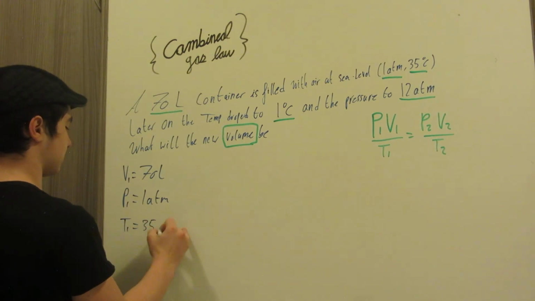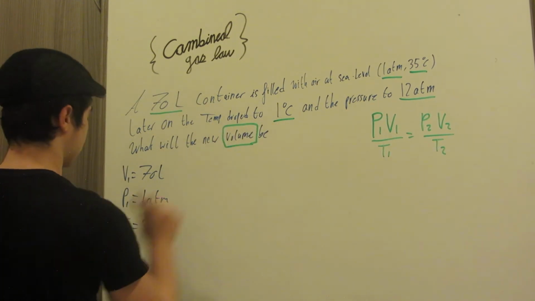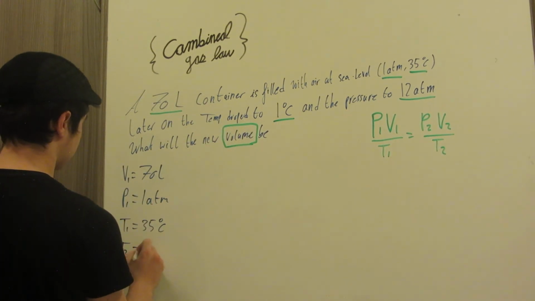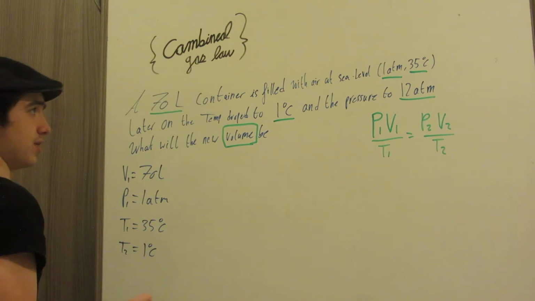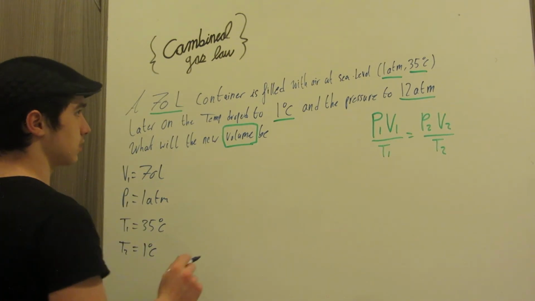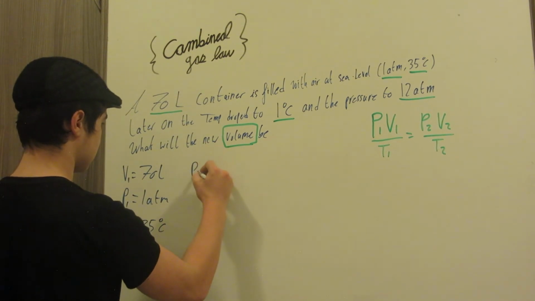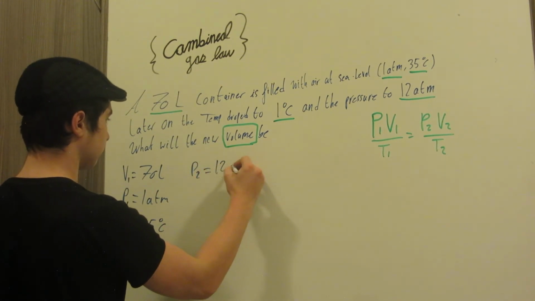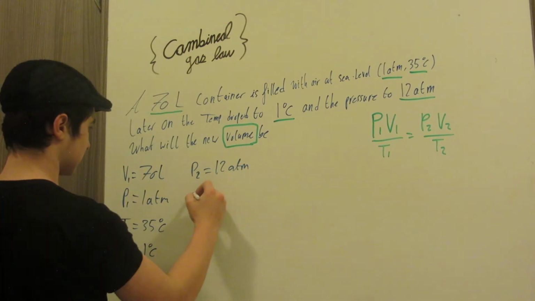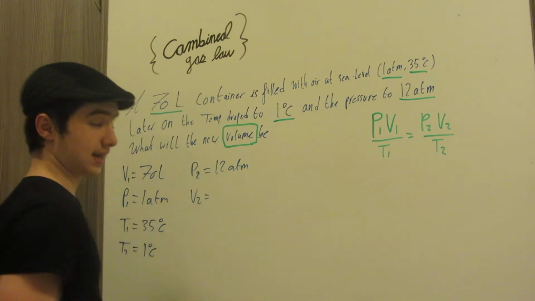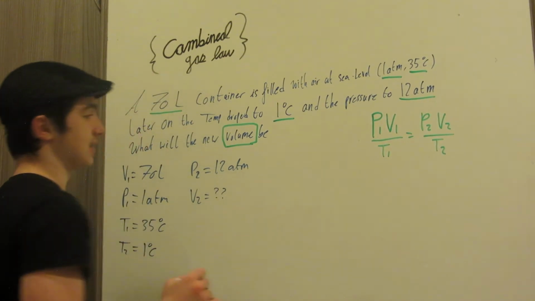Then we have the second given temperature, which is 1 degree Celsius. We're going to go with the pressure that is given, which is 12 atm. So the second pressure is going to be 12 atm. And the last thing is volume. The second volume is unknown, so we put a question mark instead.